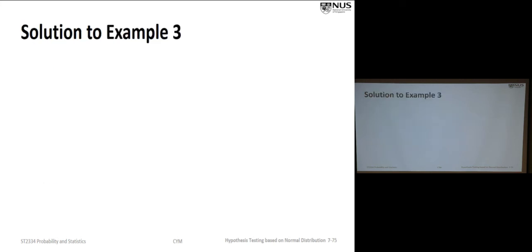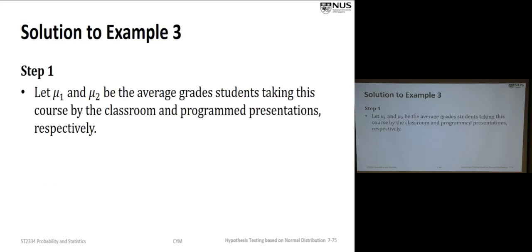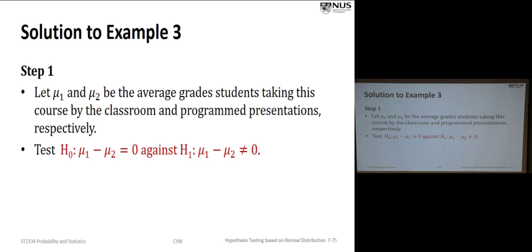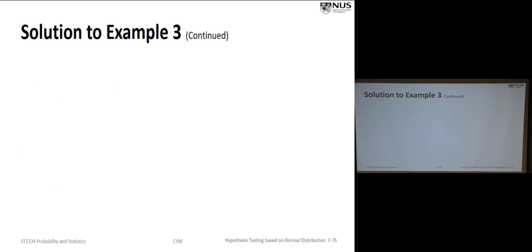So we test mu1 minus mu2 equals 0 against mu1 minus mu2 not equal to 0. Set alpha as 0.1, that means 10%.